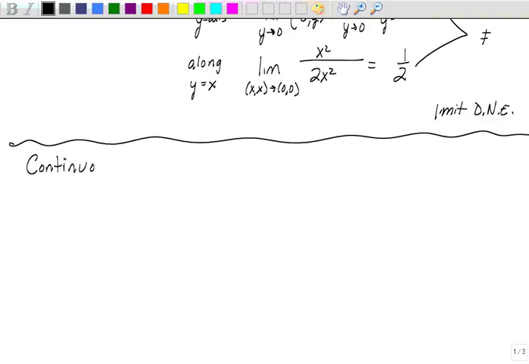And the definition of continuous is the same as for a function of one variable.